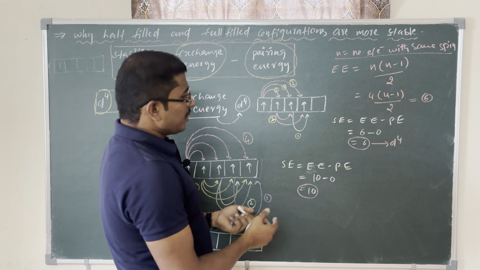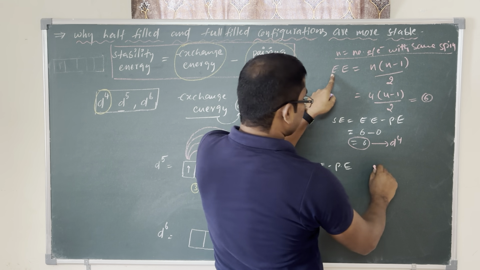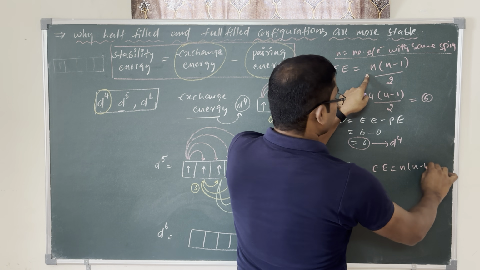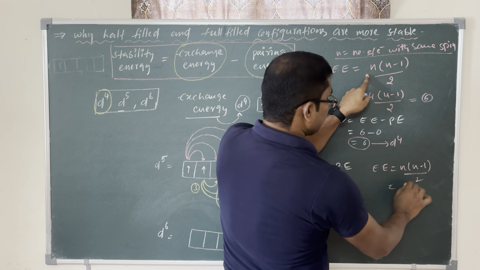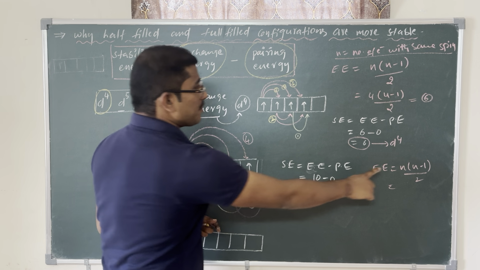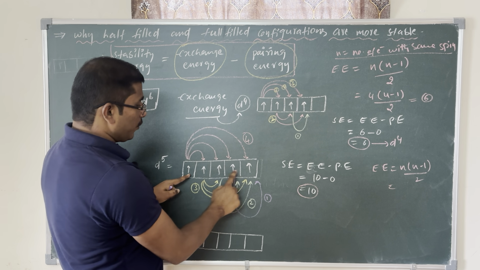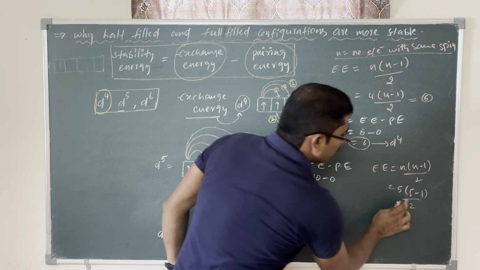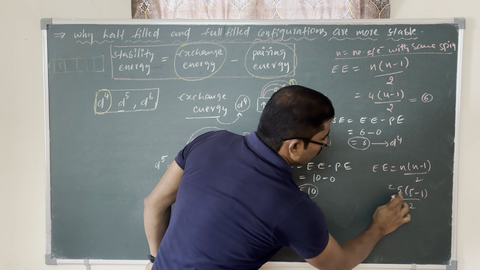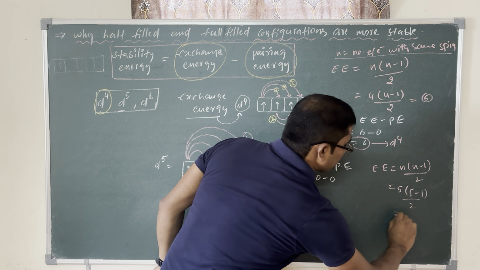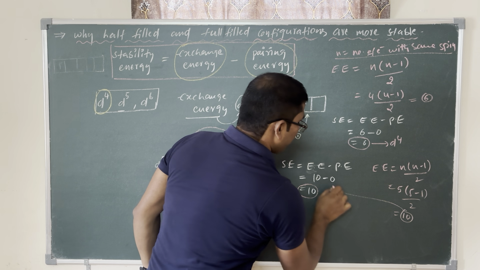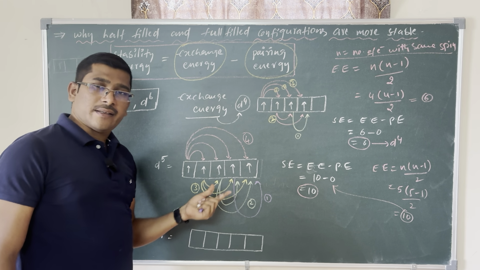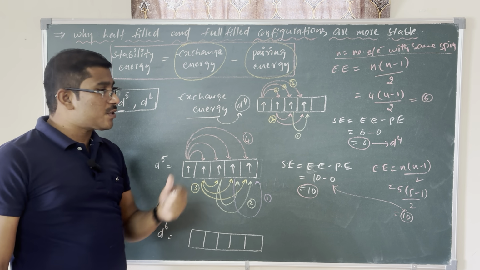Exchange energy for the d5 configuration is n into n minus 1 divided by 2, where n is the number of same spin electrons. 1, 2, 3, 4, 5 electrons are there, so 5 into 5 minus 1 by 2. That is 5 minus 1, 4; 4 fives are 20; 20 by 2 is 10. By applying this formula directly, we get it if you know the number of same spin electrons.